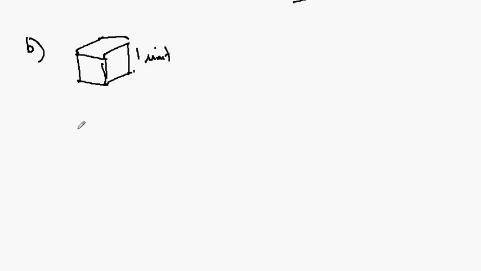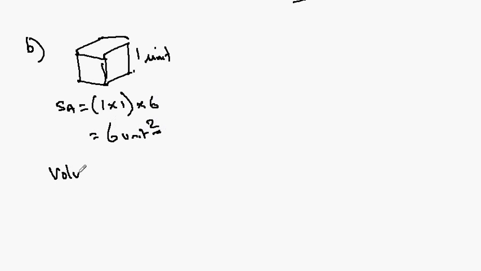So for instance, this would mean that the surface area would be 1 times 1 multiplied by the 6 surfaces, which is 6 units squared. And the volume would be 1 times 1 times 1, which would be 1 unit cubed. So the ratio here is 6:1.